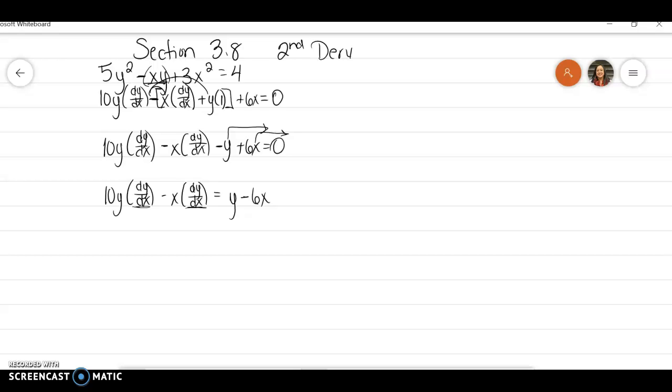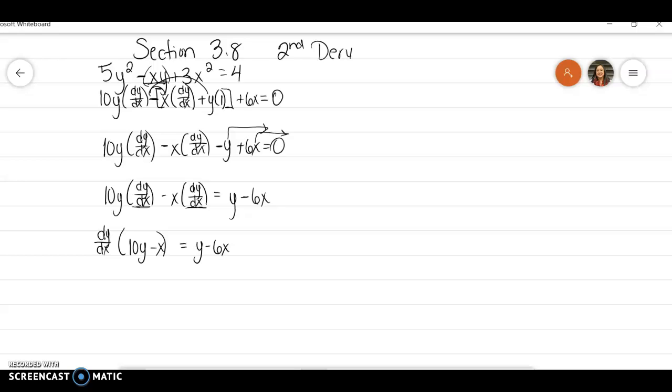Now I want to isolate that dy over dx. I've said that a couple times already, and we can look at that as a common factor. So what I'm going to do is factor out that dy over dx. And if I do that, what that's going to leave me with is a 10y minus x on that left-hand side. And I'm just going to leave my right-hand side essentially the same.